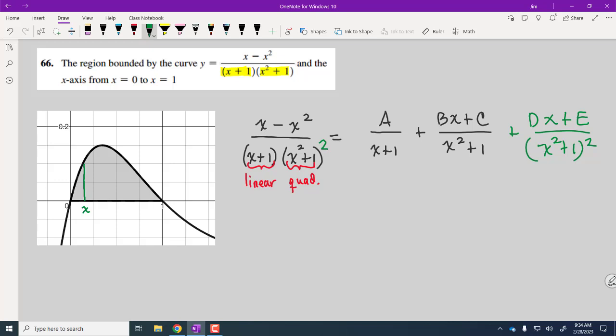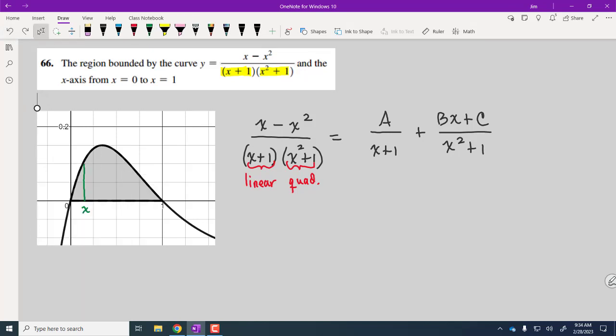We don't have that, but if it was, we would do that. Similarly, if there was a 2 on the outside of that linear factor, we'd have another fraction, something over x plus 1 quantity squared. So we have to have a fraction for every power.